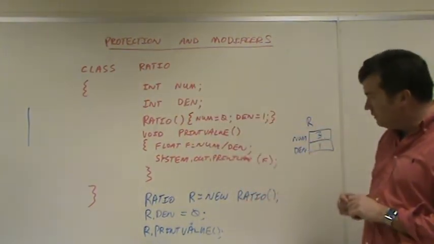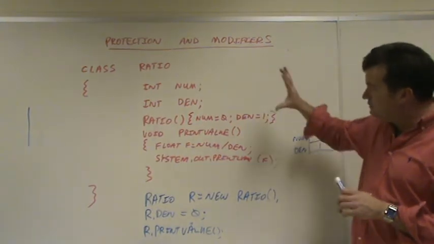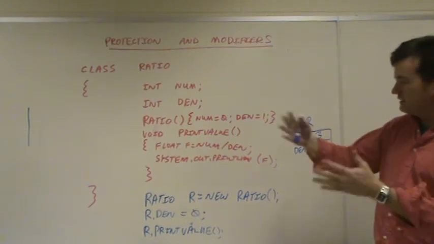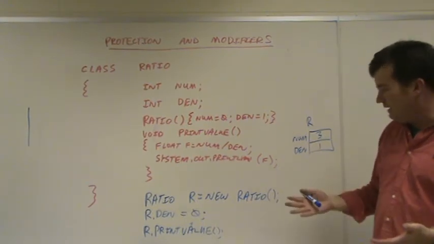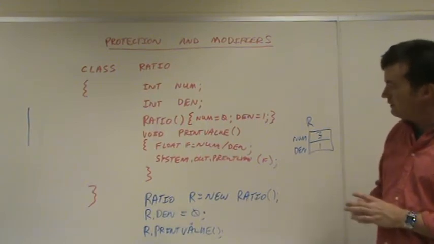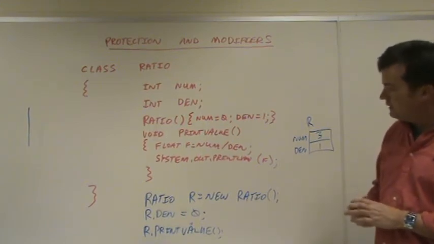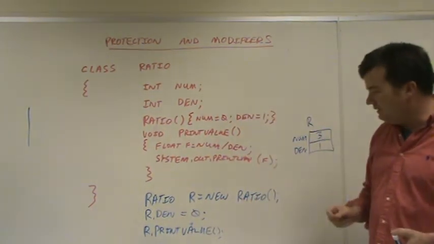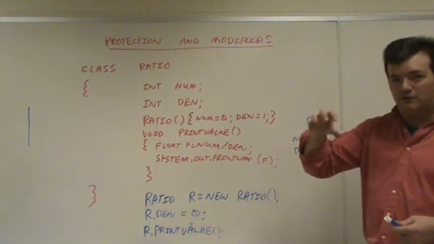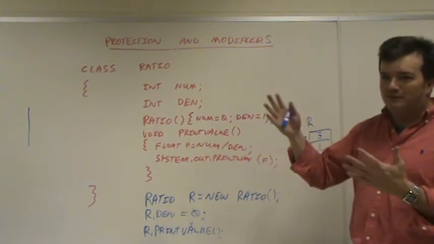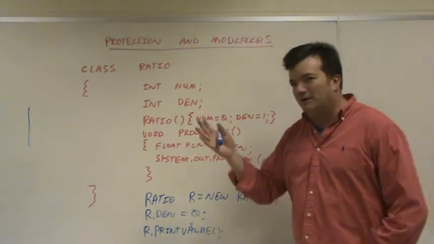So what we can do is say some parts of this class are not accessible to the outside world, and some of it is. Now, we could have a routine called set denominator. Instead of letting them write directly to it, we offer them a routine that will take in whatever number they're trying to set and check: is this a 0? If it's a 0, we'll throw an exception or something and tell them you can't do that.